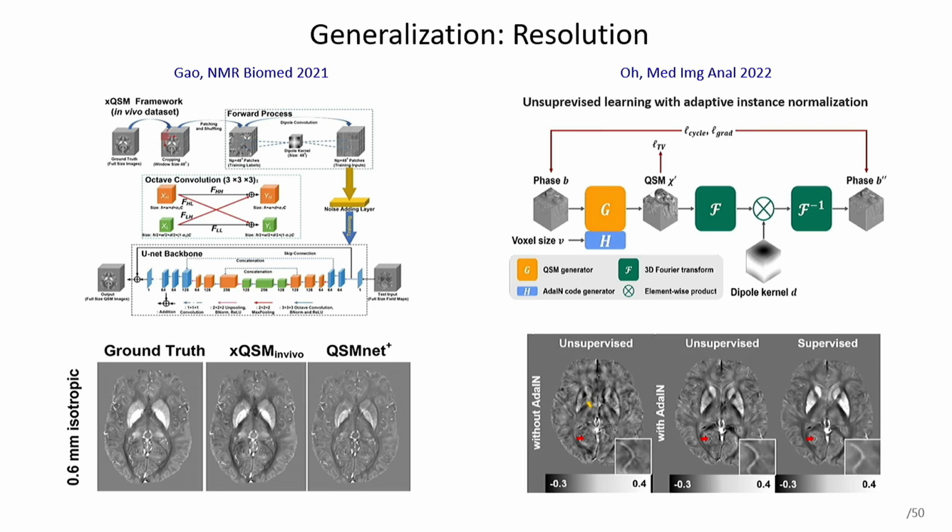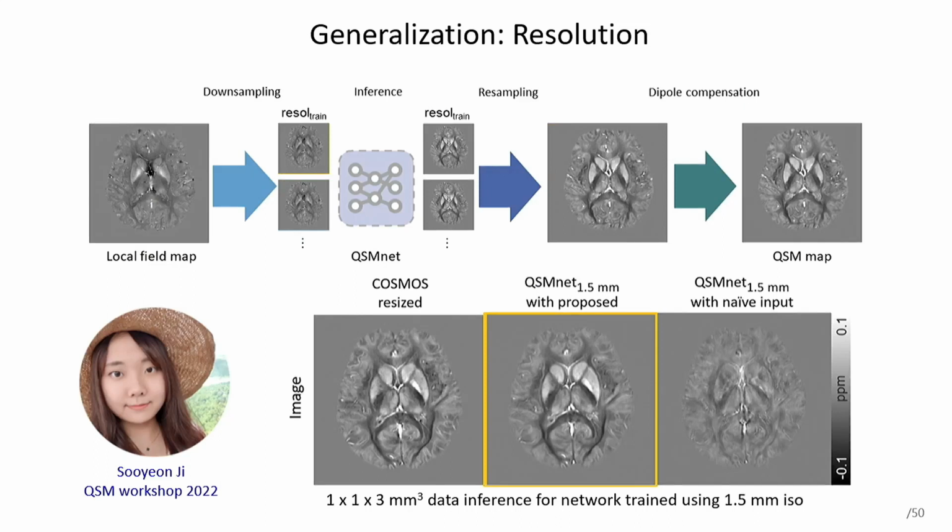Another recent study is utilizing the voxel size information in your network, such that the network knows what kind of voxels it can reconstruct. And this particular study utilized unsupervised learning, which doesn't really perform as much as the supervised one, but still the result shows that the network can be generalized for the resolution to a certain extent.